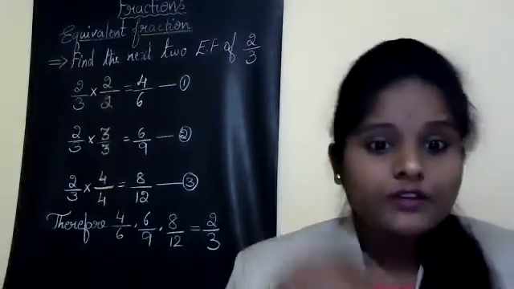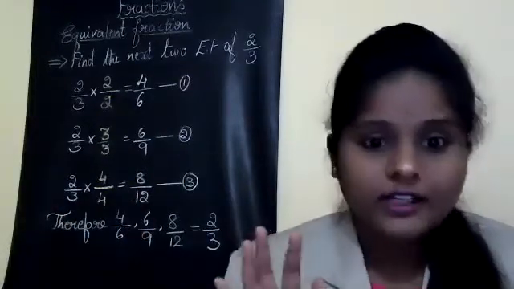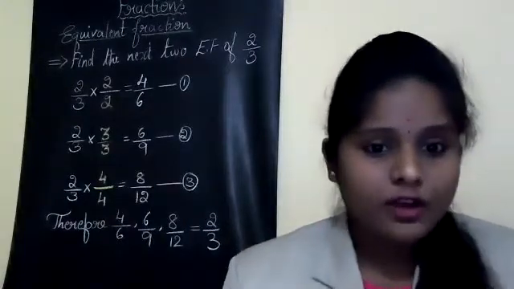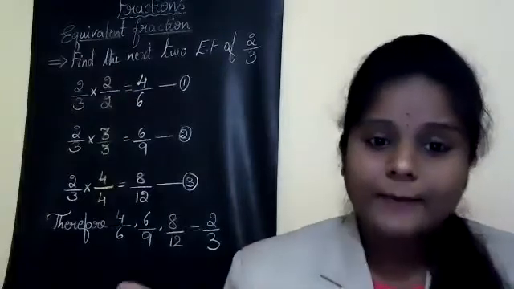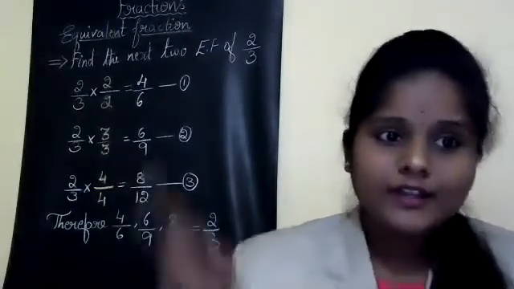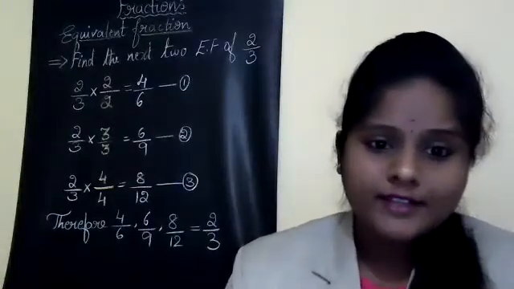Non-zero means we should take some other number leaving 0. Why are we not taking 0? Because of the multiplication rule of 0. When any number is multiplied by 0, what do we get? 0. Very good. So we should not take 0.